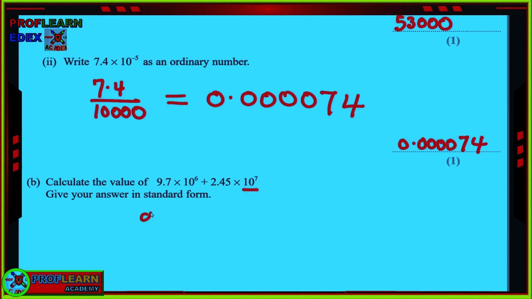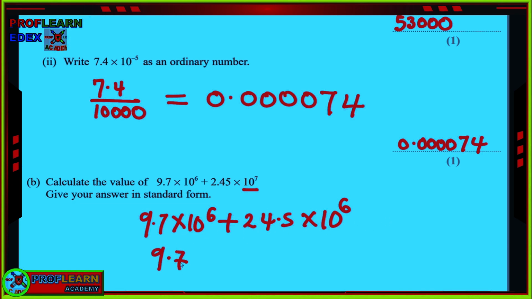So I can write this as 9.7 times 10 raised to power 6 plus 24.5 times 10 power 6. So meaning that we can go ahead and say this is 9.7 plus 24.5 times 10 power 6, because 10 power 6 is common in this case.